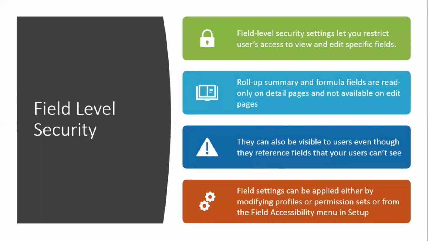If you're using any field in a formula and the user doesn't have access to that particular field, you are still able to see the value for that formula field. The field setting can be applied either by modifying the profiles or from the permission set.